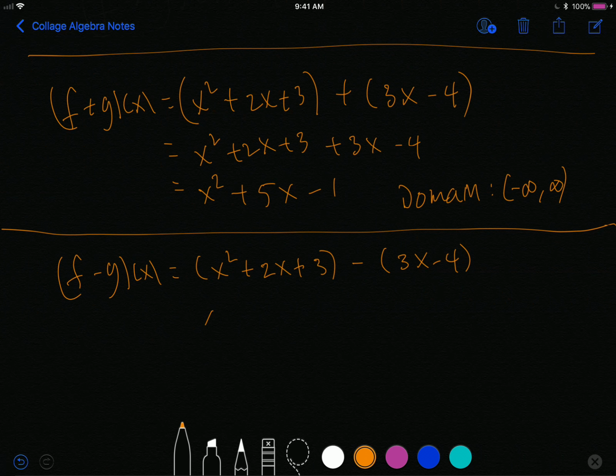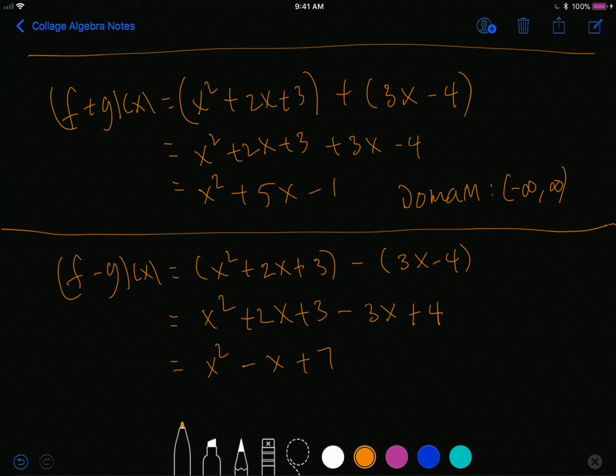And so you would get x squared plus 2x plus 3 minus 3x plus 4. I am subtracting all of g, so the whole of g needs to switch signs. And then, of course, I group like terms. And so that's x squared minus x plus 7.